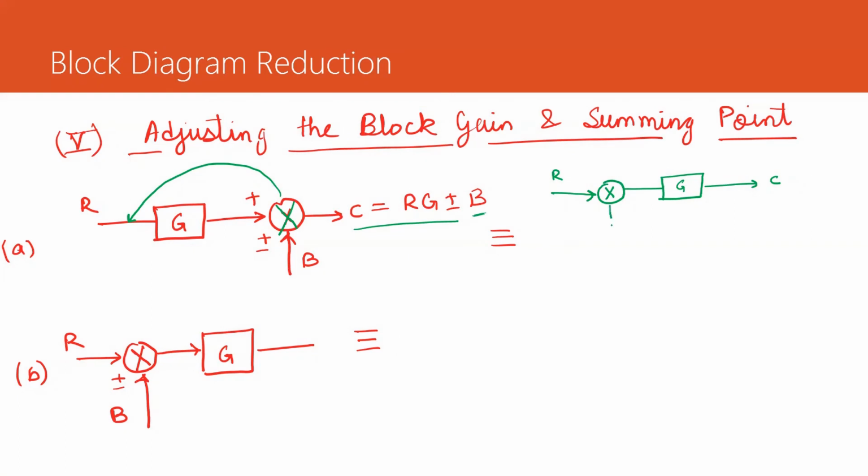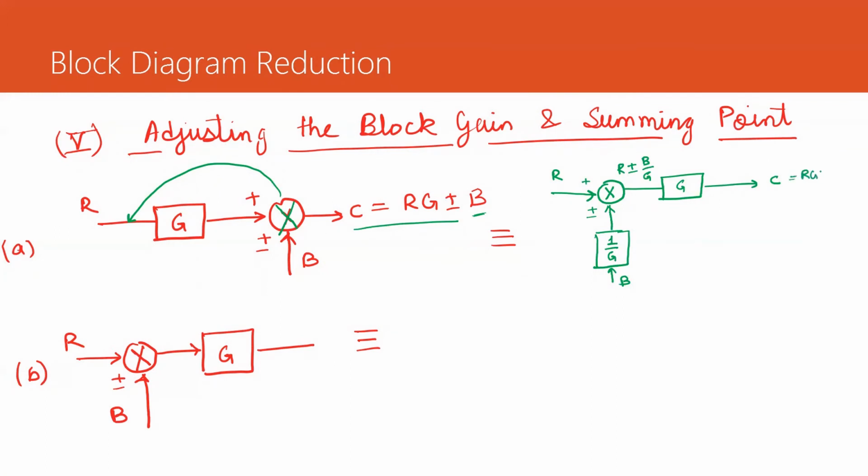So over here what I have to do is apply one block in which we have an inverse of this particular block gain, and this is the input B. So now you can see we can write it as 1 plus or minus B by G. So when this is multiplied with G, we get what?